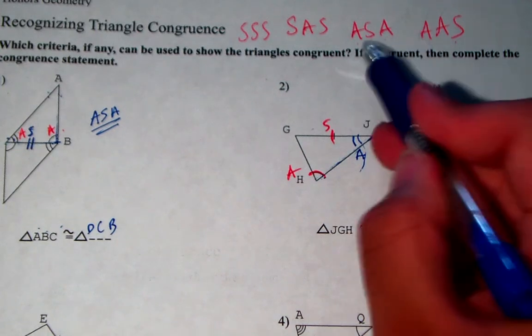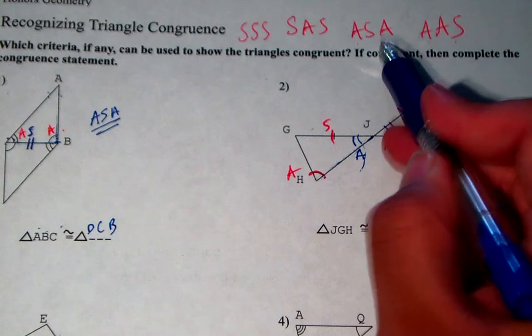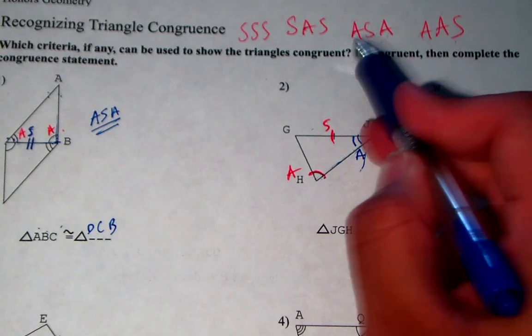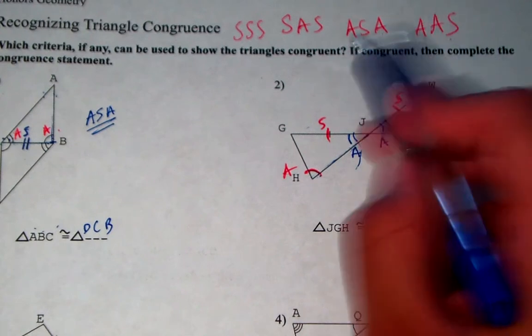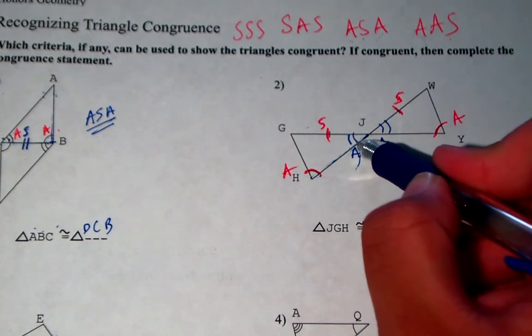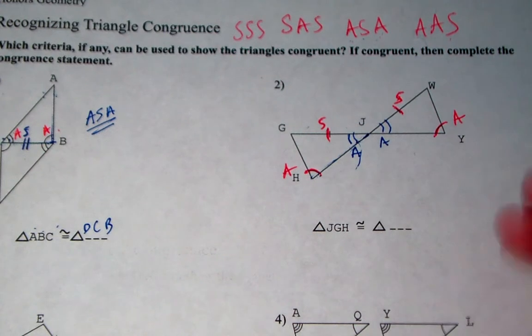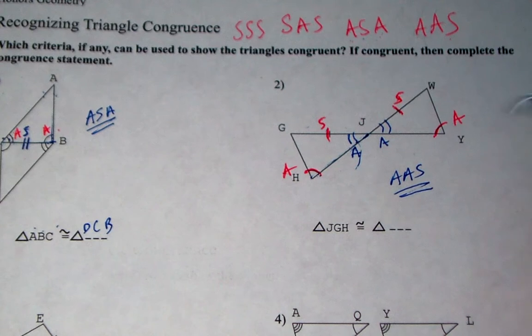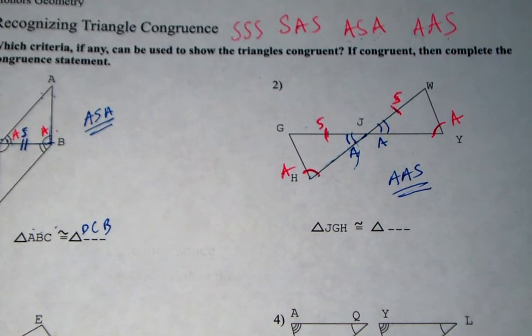So ASA is not a good description for what we're looking at here. This says an angle, a side, and then an angle, or a side with two angles on either side of it. And that's not what we're looking at. So instead we have two angles, and then a side not in between them. So this is an example of angle, angle, side.